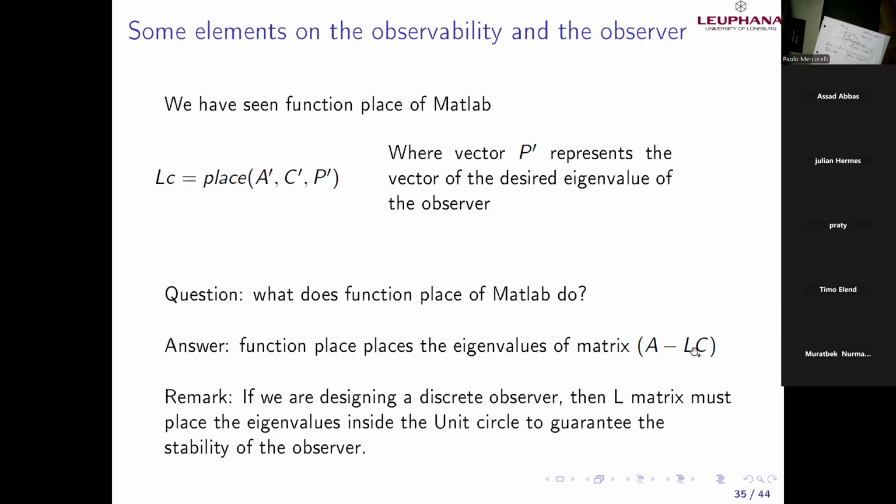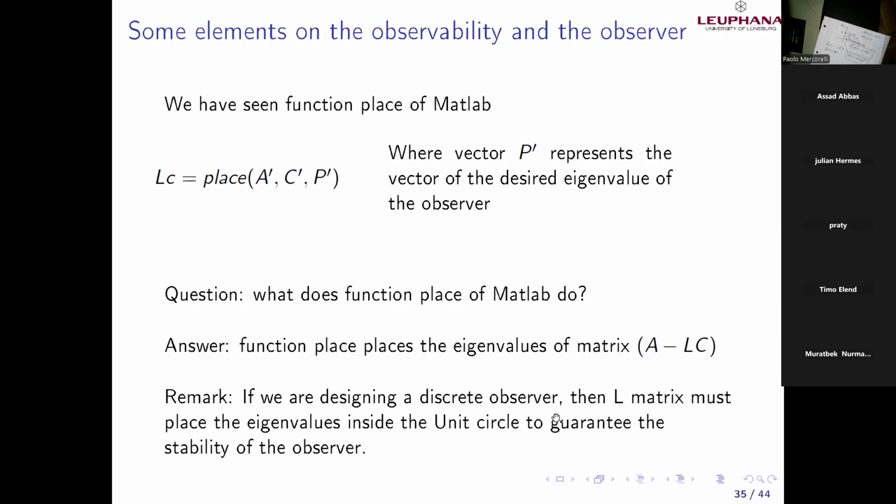We are speaking about the continuous observer, no? Here we have a remark. At this moment, forget this remark. I will come back next week when I introduce the Kalman filter. The Kalman filter is a discrete observer.